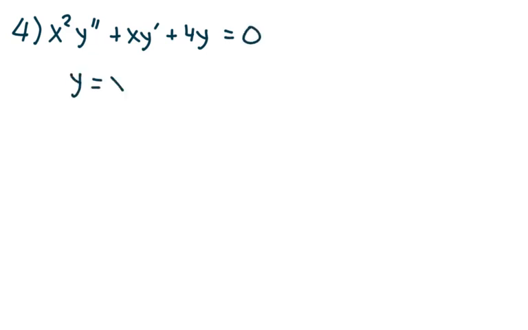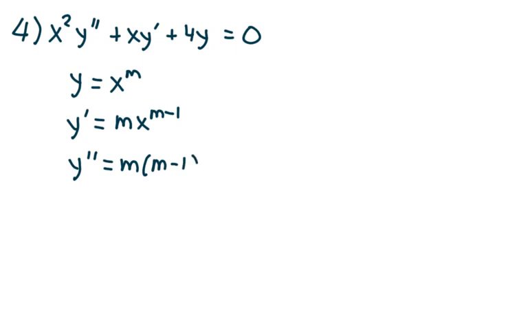So we're going to set y equal to x to the m, y prime is mx to the m minus 1, and y double prime is m times m minus 1 x to the m minus 2. So let's make our substitution, just like in the first three examples.